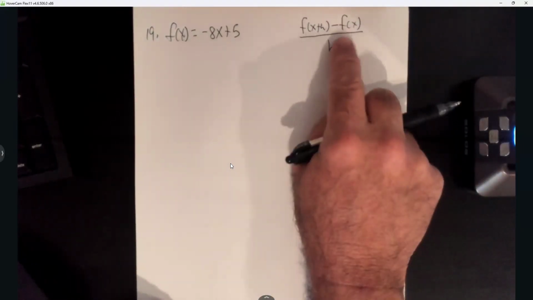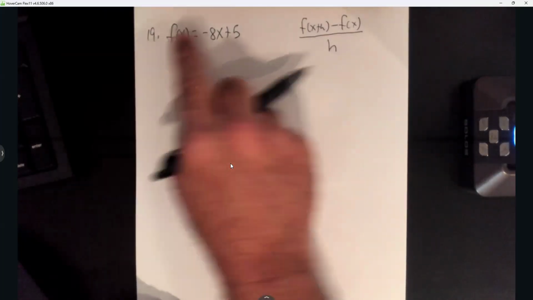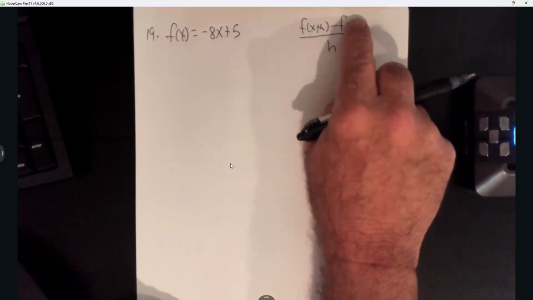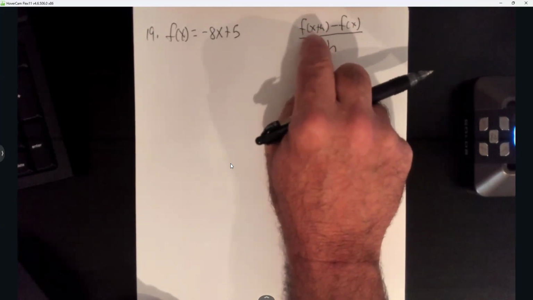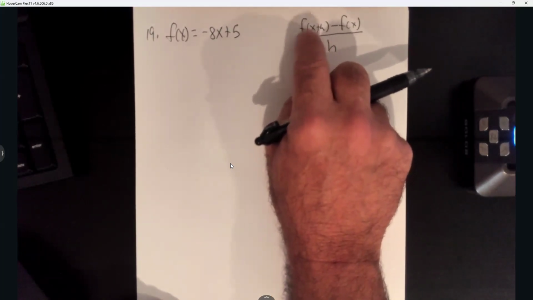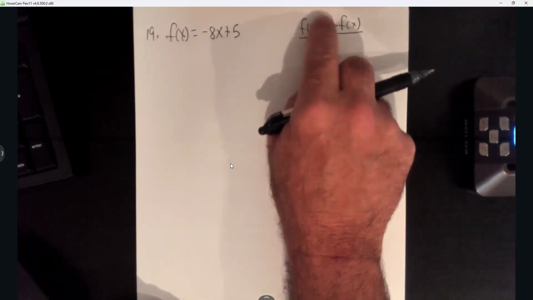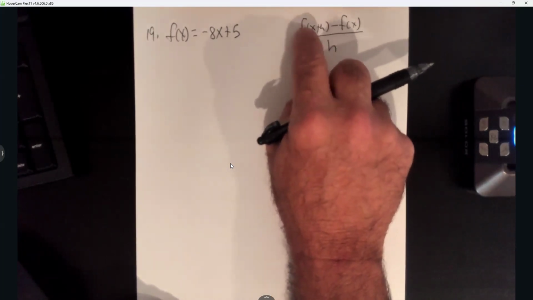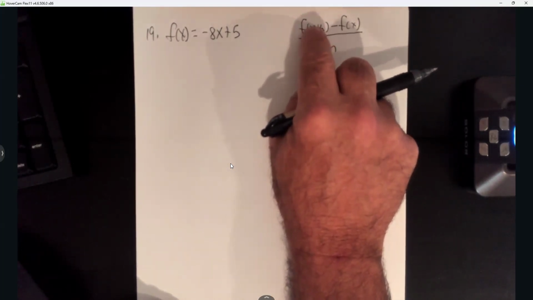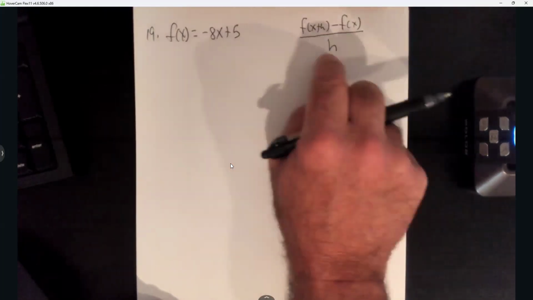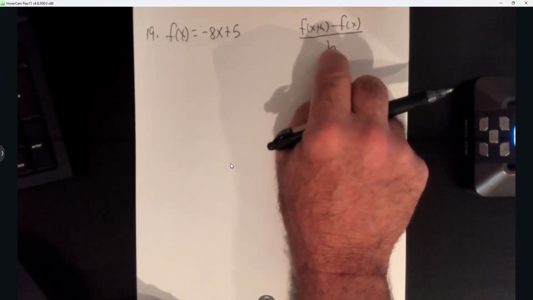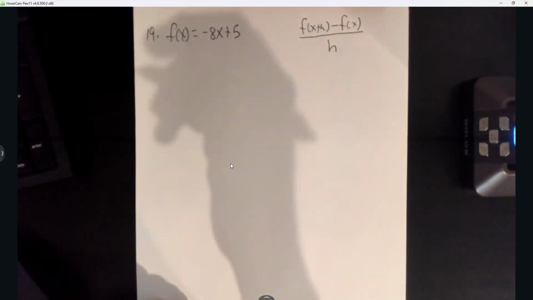And they'll usually give you the difference quotient. So this is the f of x. They're giving us that. What we got to find is what f of x plus h is equal to. Once we find that, we'll plug that in minus the f of x stuff, and that's always over h. And then it's just simplifying that, okay?